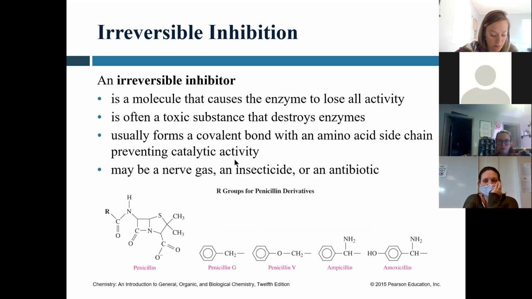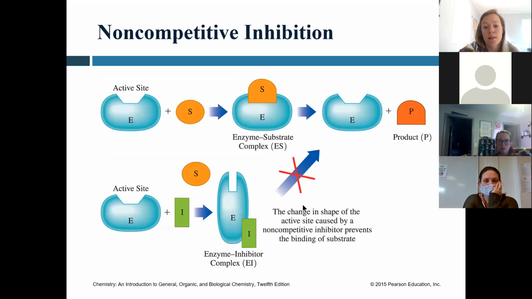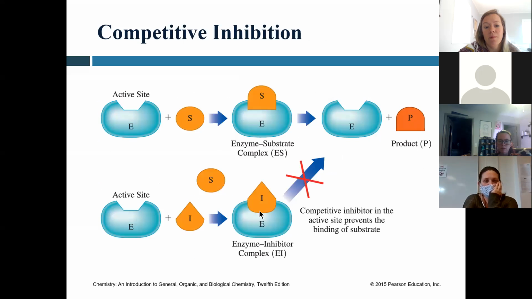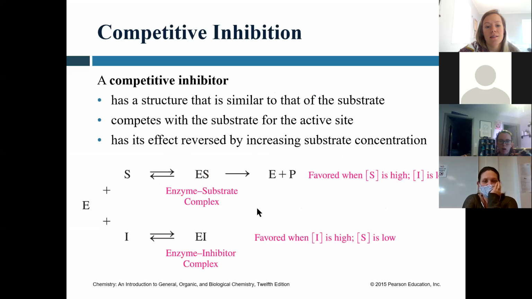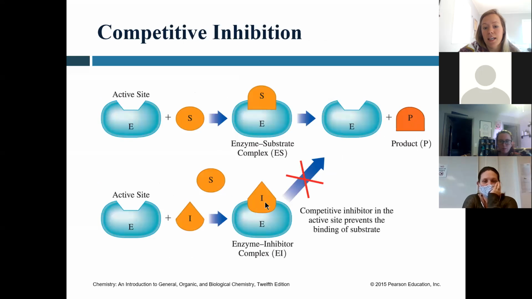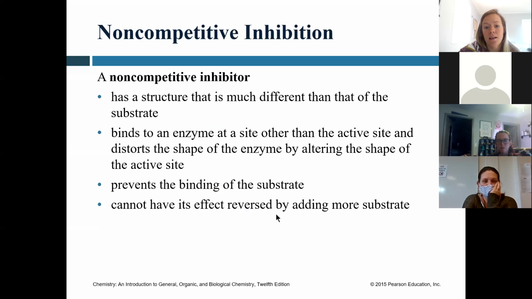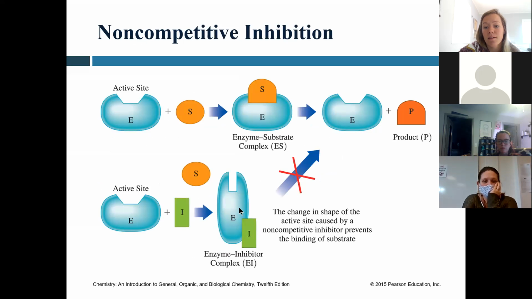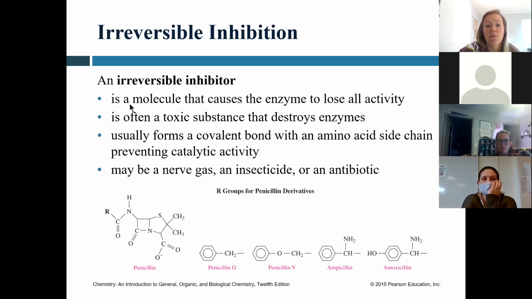We also have irreversible inhibitors. So an irreversible inhibitor isn't a temporary thing like this guy. This guy is temporarily fitting in the activation site. This one is temporarily adjusting the shape of the enzyme. An irreversible inhibitor is a molecule that causes the enzyme to just literally lose its activity.